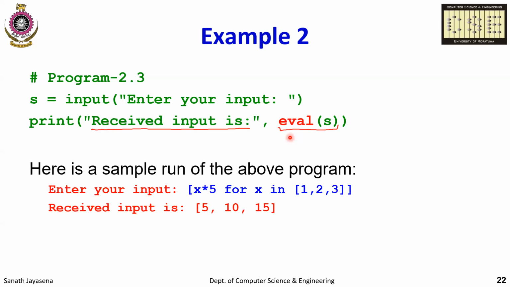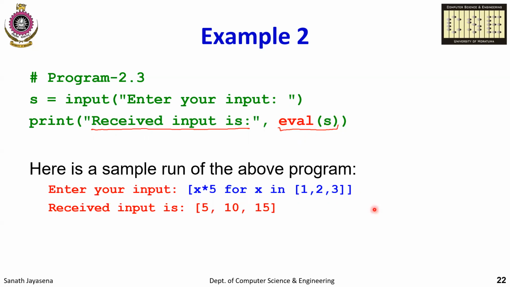What you will see as output is S being evaluated. In this case, this particular string, which is in blue color, is a valid Python expression or statement. When you say evaluated, it basically gets executed by itself.